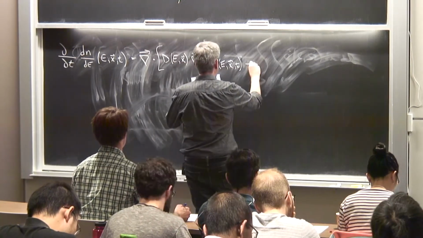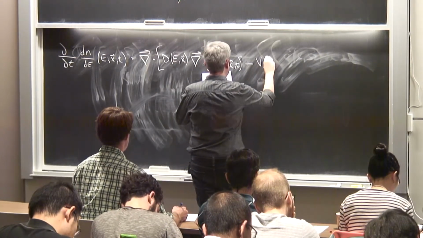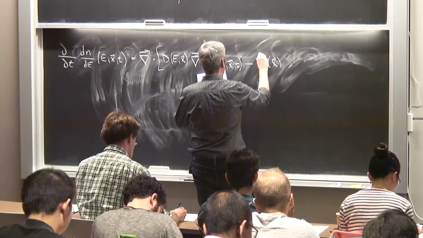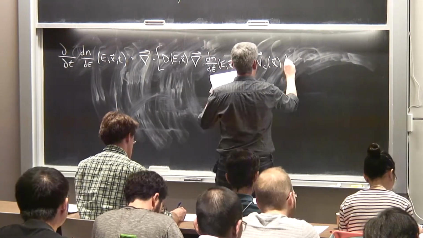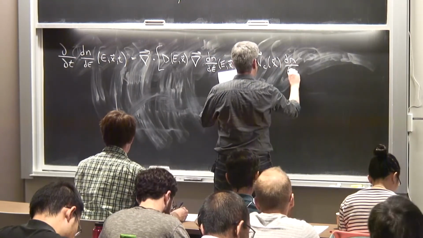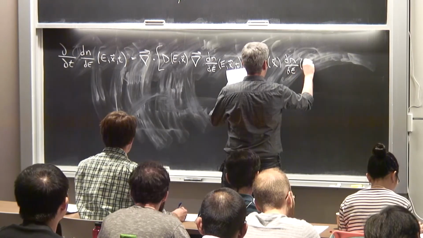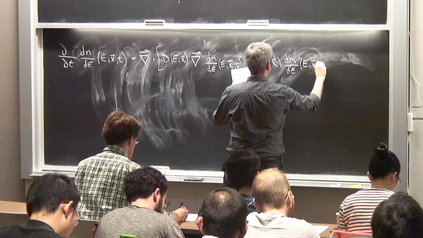And then another term I'm going to write down here describes the convection of those particles. And I'll in words tell you what I mean by those things in a second.